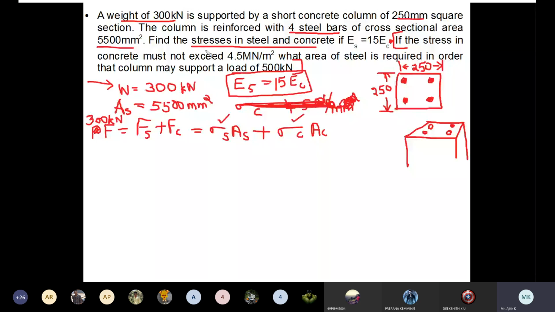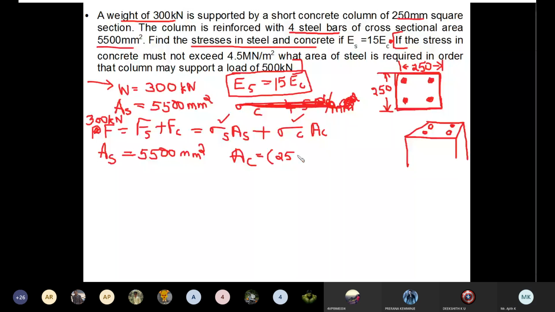What is the area of steel and the area of concrete? Area of steel is given in the question: it is 5,500 mm square. But what is the area of concrete? It's a square section, therefore the total area will be 250 into 250.